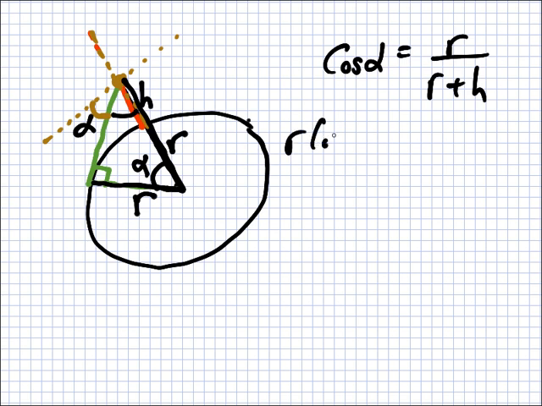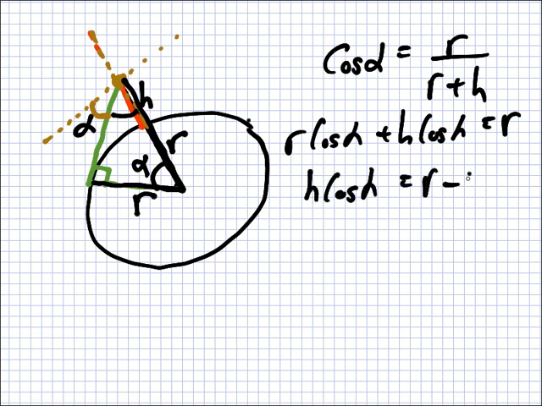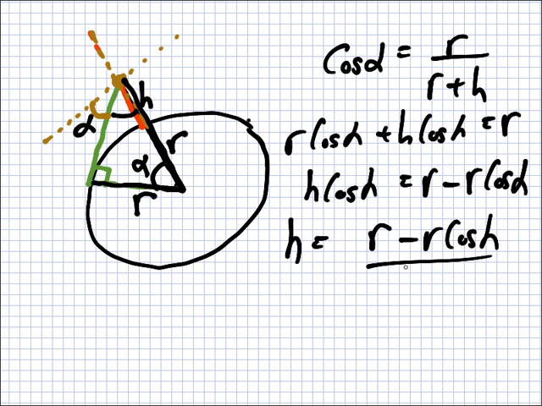That means or cos alpha plus h cos alpha equals or. That means h cos alpha equals or minus or cos alpha. That means h equals or minus or cos alpha over cos alpha.